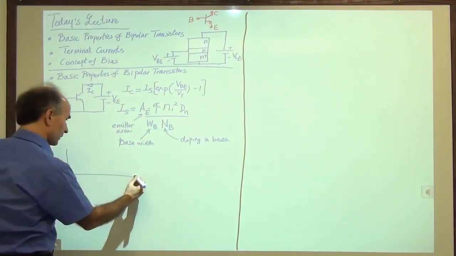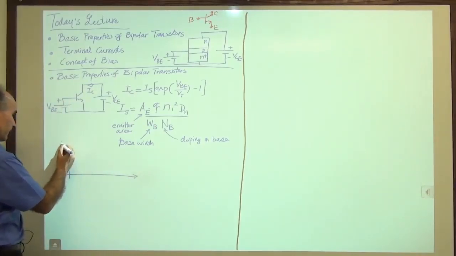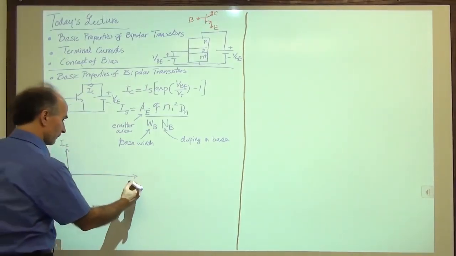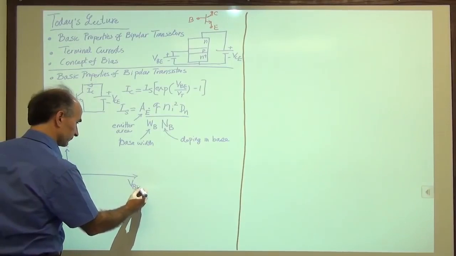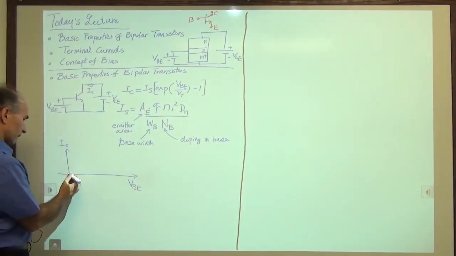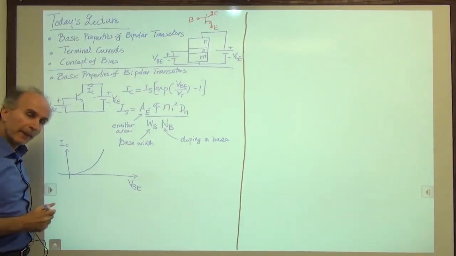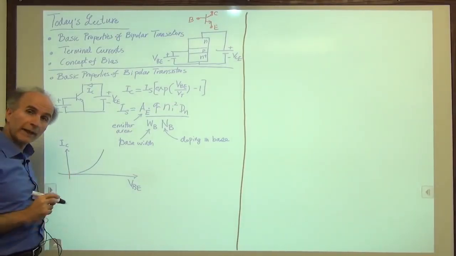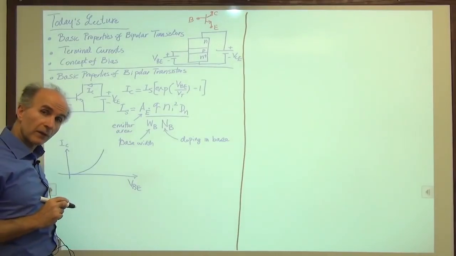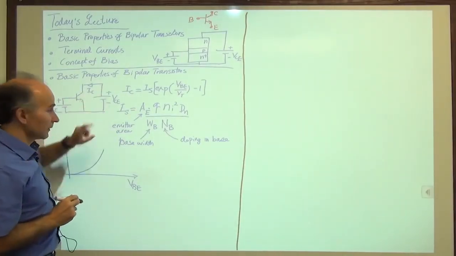So here's IC as a function of VBE. Well, it's an exponential, so it goes like this. But in this test, what am I assuming about the collector emitter voltage?